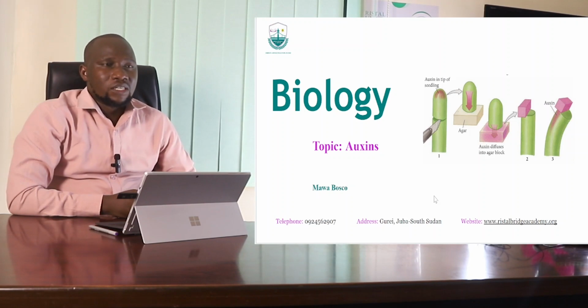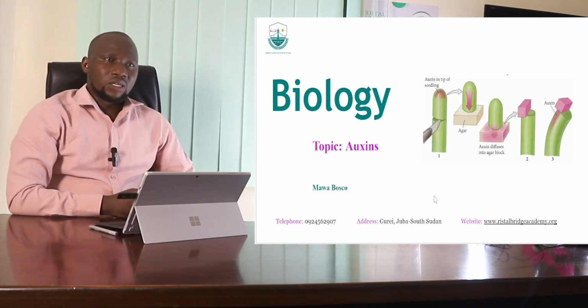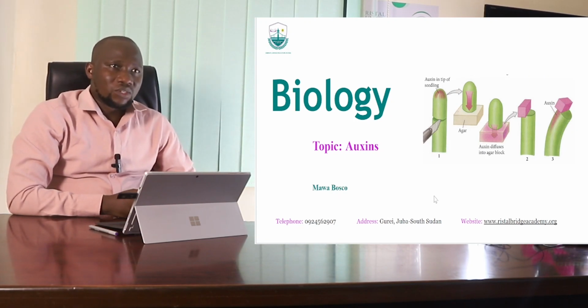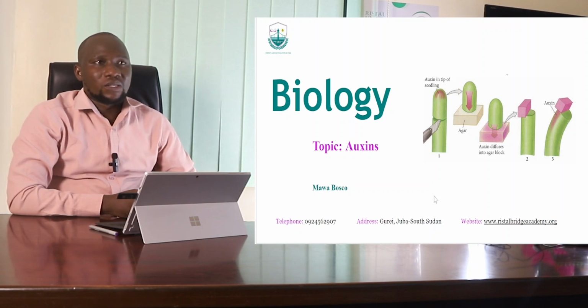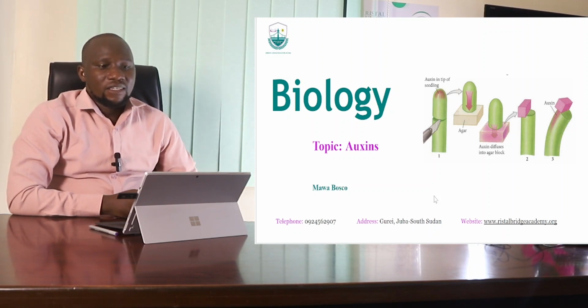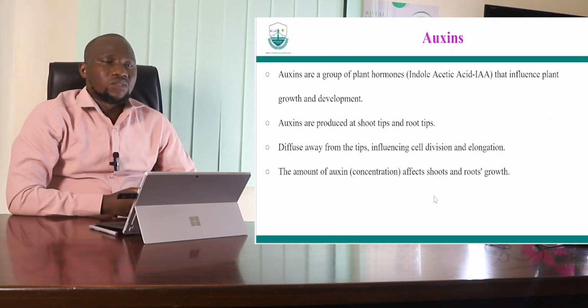How do we use auxins, especially in agriculture, and how can we really demonstrate that auxins influence growth? That's an experiment that we shall talk about in this session. So let's start with knowing what auxins are.